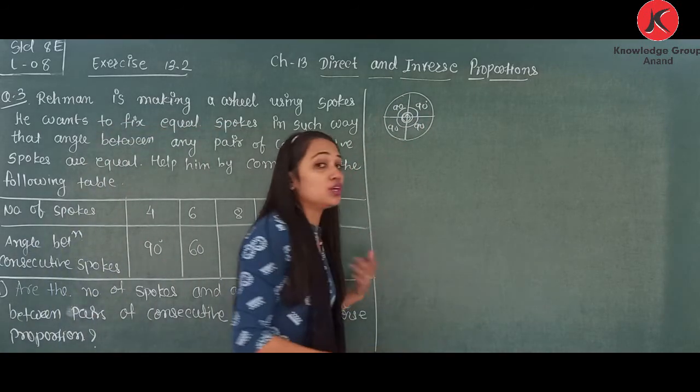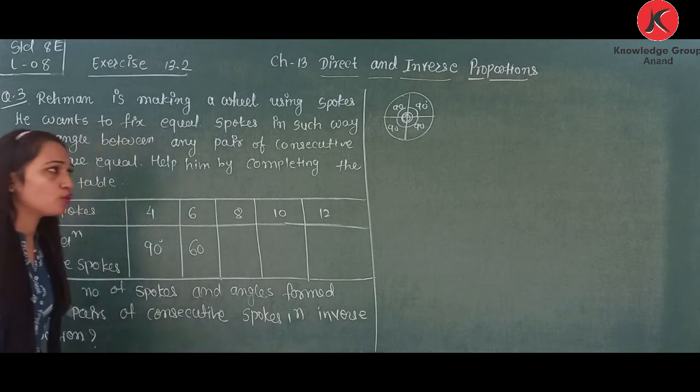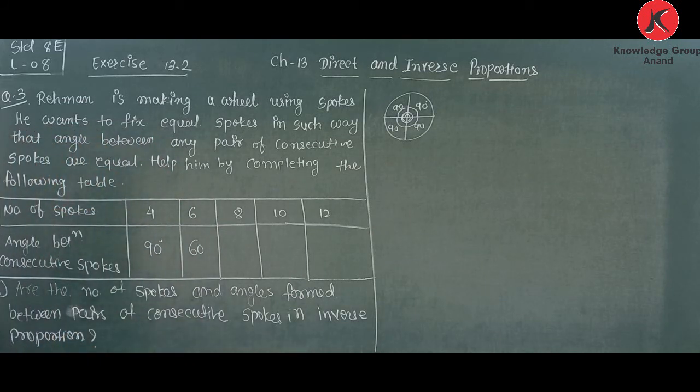Similarly, if he increases or decreases the number of spokes, the angle between consecutive spokes is equal. That is the condition: the angle is the same. So we need to find the values that are not given in the table.